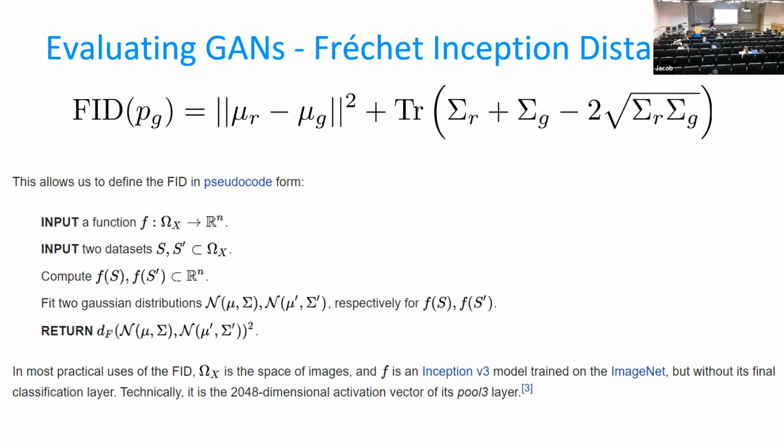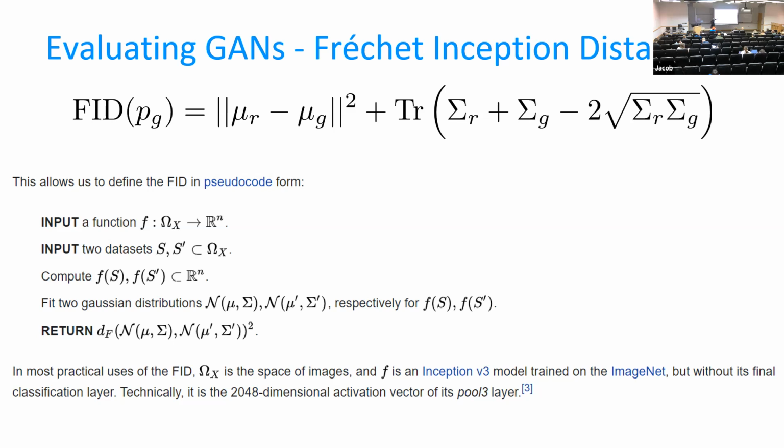So F is just a CNN that takes images as input and maps them to some embedding space. Then we're going to take two data sets: one will be our true data set, and the other will be generated images.